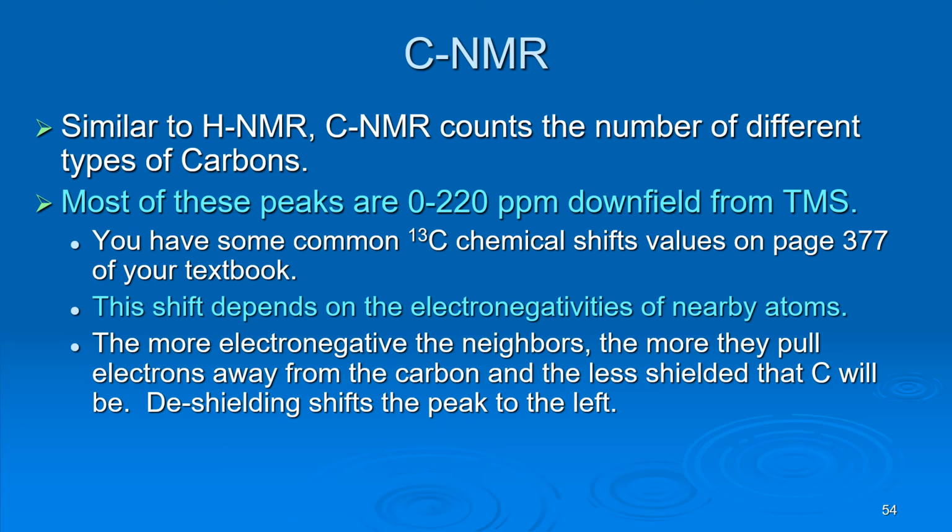You have some common chemical shifts in your textbook on page 410. But again, like before, the shift depends on the electronegativities of nearby atoms. So the more de-shielded a carbon is, the more electronegative atoms it has nearby, the further left the peaks will be.